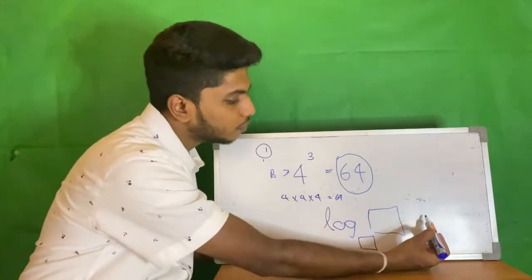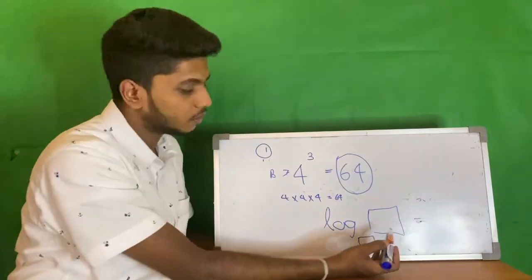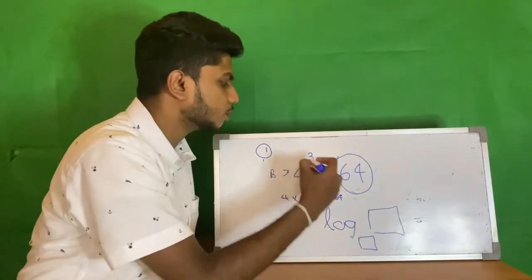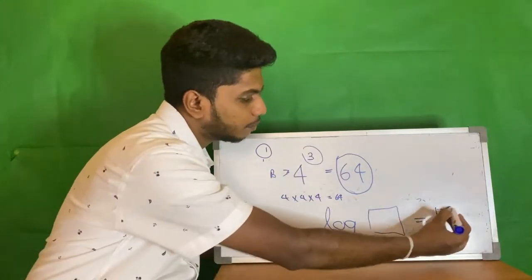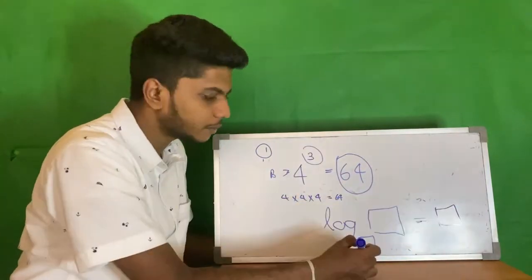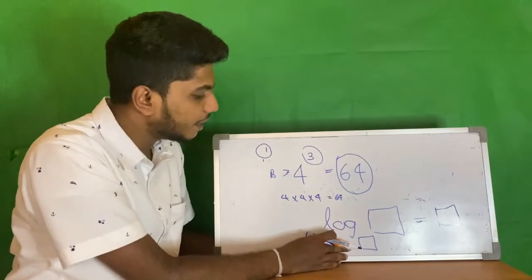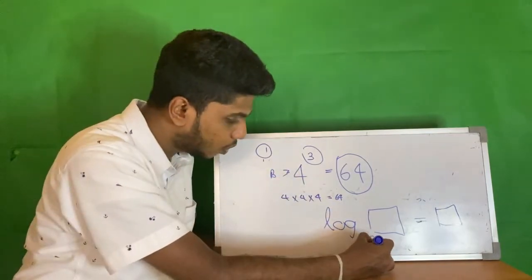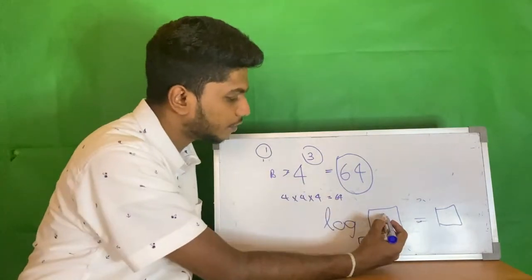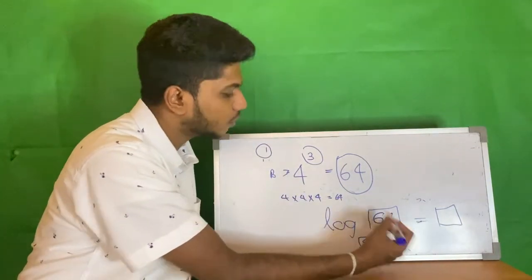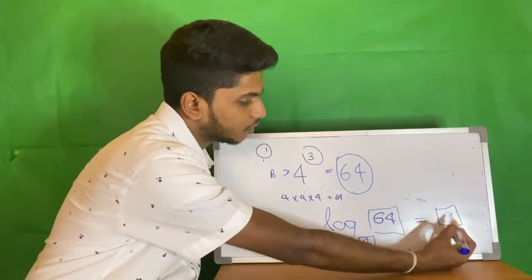This must be equal to the power. Here you should have the power. So when I fill these three gaps: here is the base, log base 4, this is our value, 64, and the power is 3.